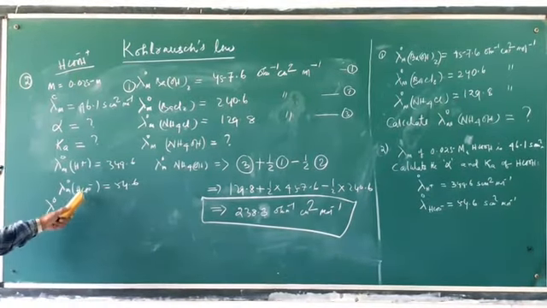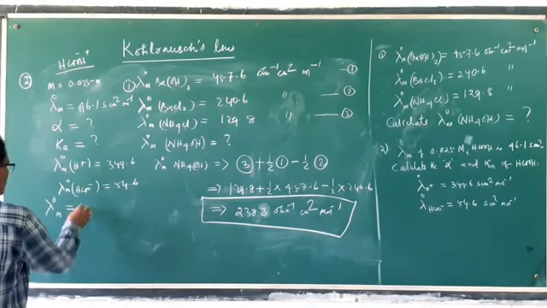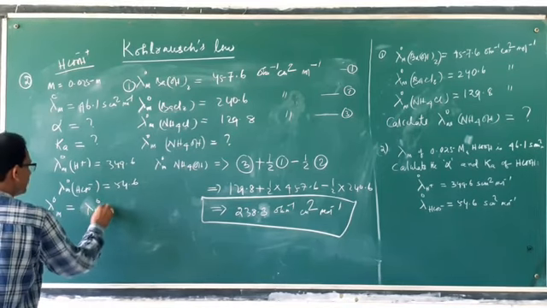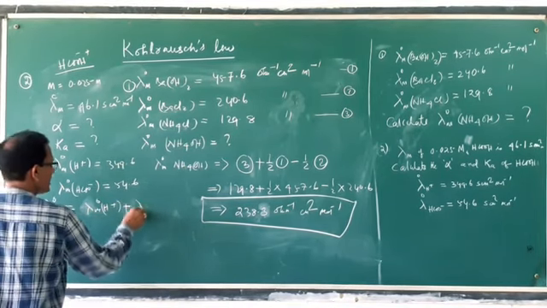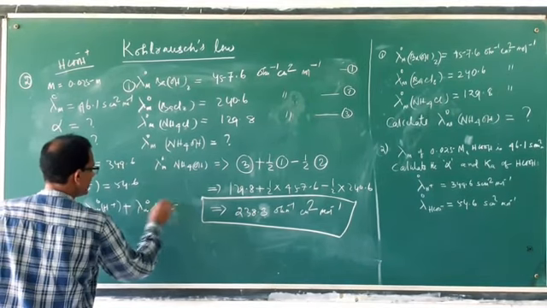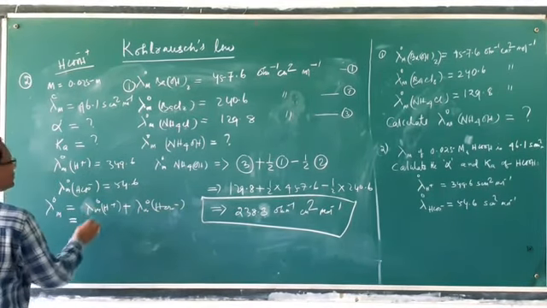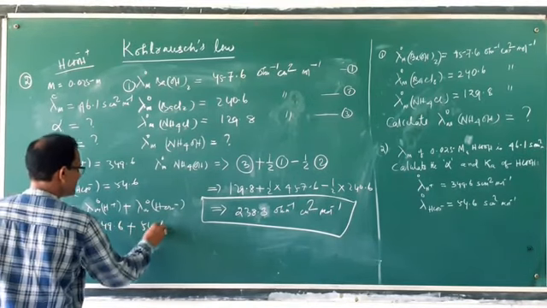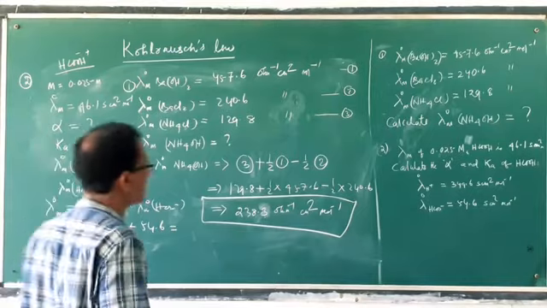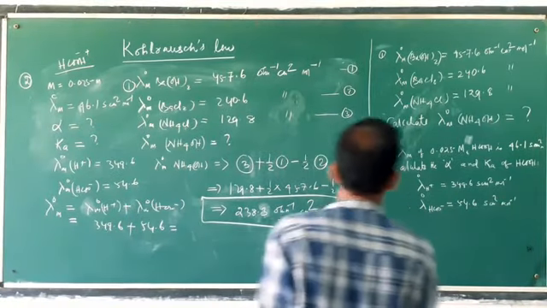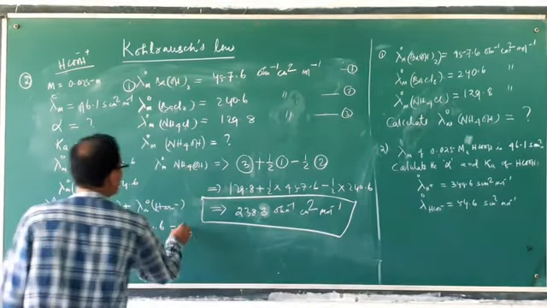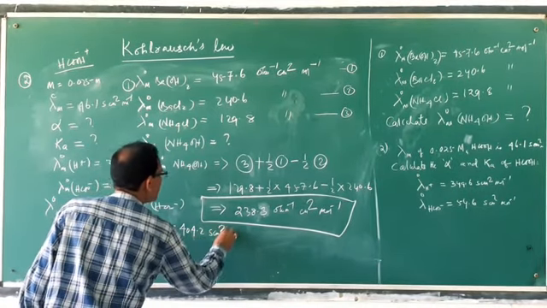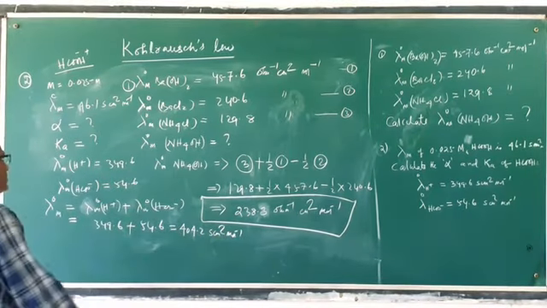So just add them: lambda m naught of H plus plus lambda m naught of HCOO minus, 349.6 plus 54.6, which is 404.2 S centimeter square mole inverse. So this value is calculated.